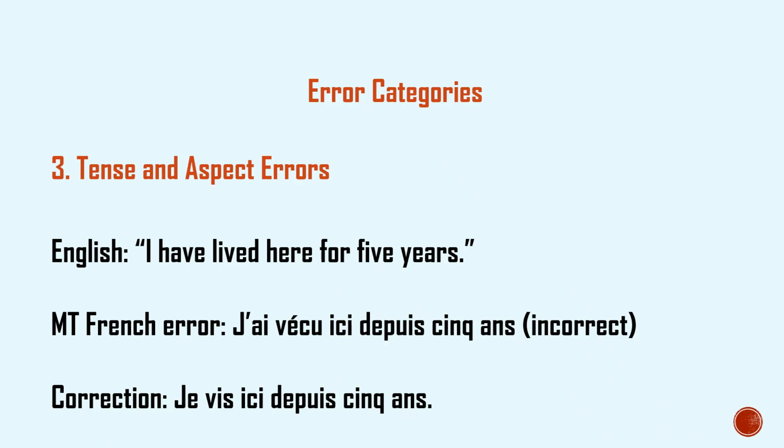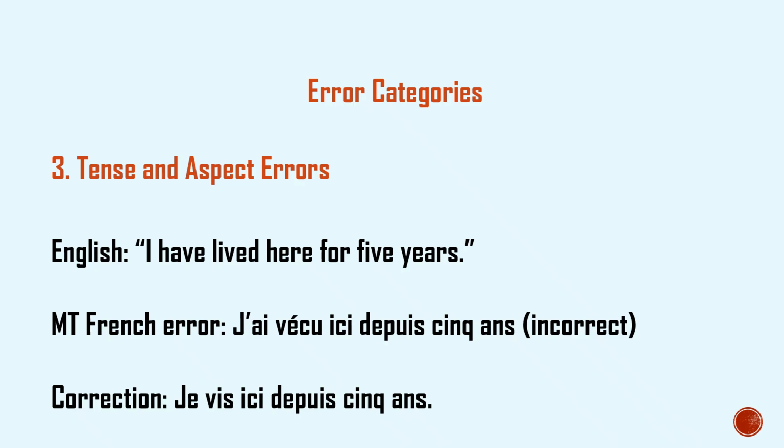It means that it translated the present perfect by the passé composé in French. So this is not correct because J'ai vécu ici depuis 5 ans is an error as the machine translation system mishandled continuity of action between English and French.